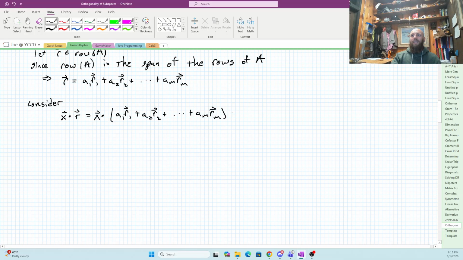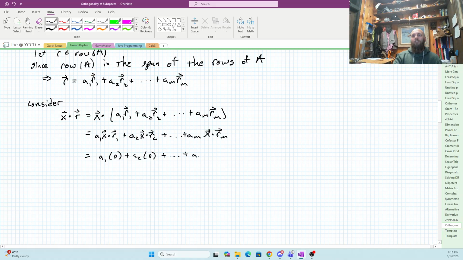And that's going to equal A1 dotted with R1 plus A2 dotted with R2 plus AM dotted with Rm, which is equal to A1 times 0 plus A2 times 0, and so on.